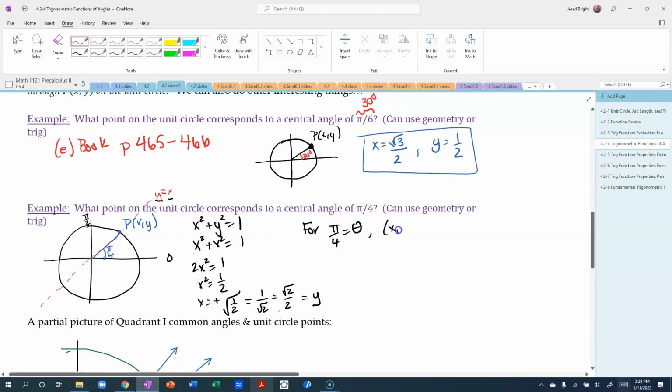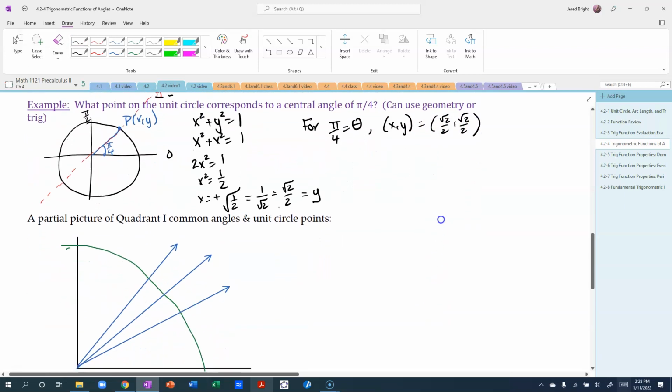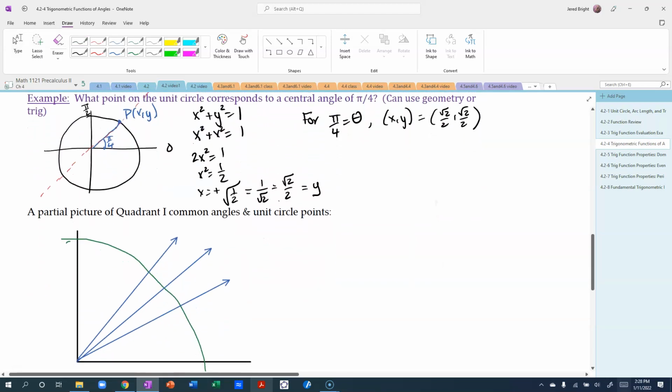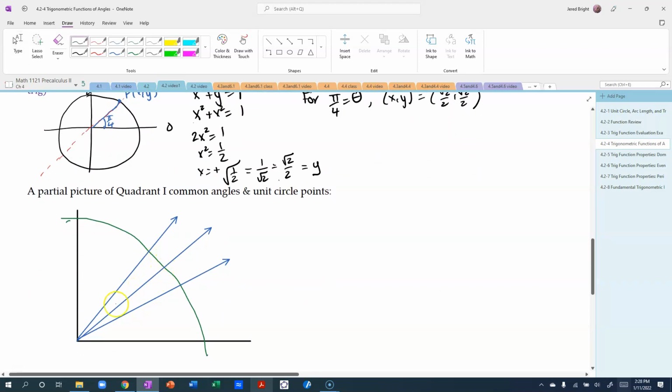Okay, so pi over 4 is equal to theta, this measure of the central angle. Then we have x, y is equal to square root of 2 over 2, square root of 2 over 2, okay? And so that's really nice. Now if I put this information together along with what I know from above, this first one has a central angle of pi over 4, which is 45 degrees, and the point is square root of 2 over 2, square root of 2 over 2.